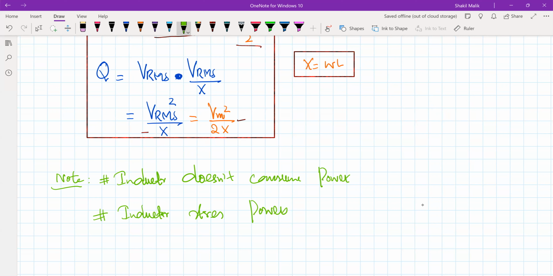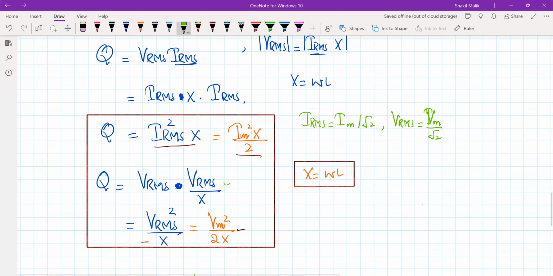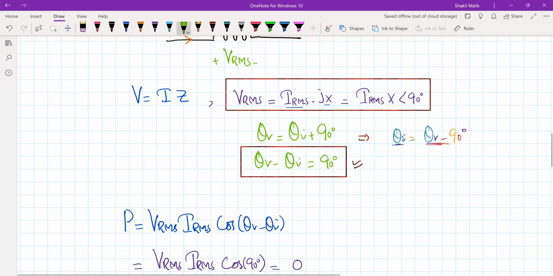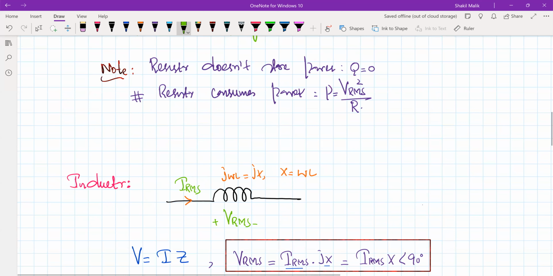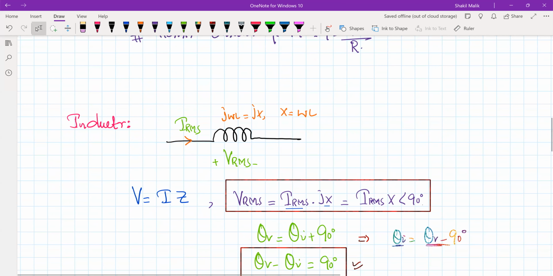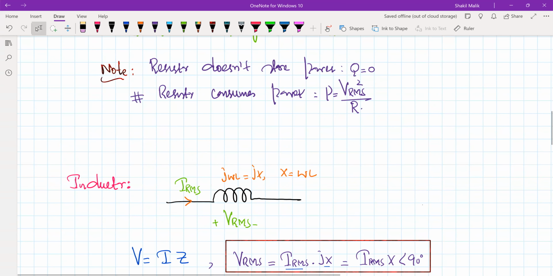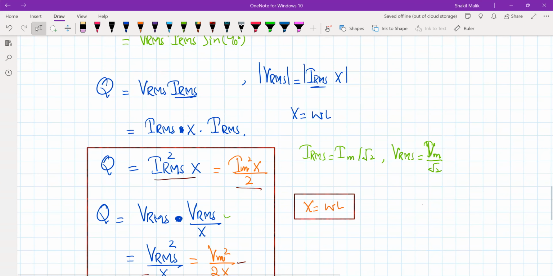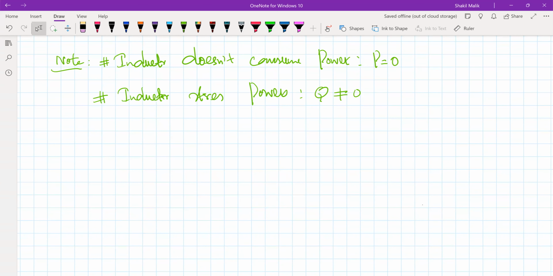Why? Because we know P is equal to 0 for an inductor and Q is not equal to 0 for an inductor, and Q is given by these expressions. Q is the reactive power stored by this element, or simply the power stored by this element. All right, now next we move.